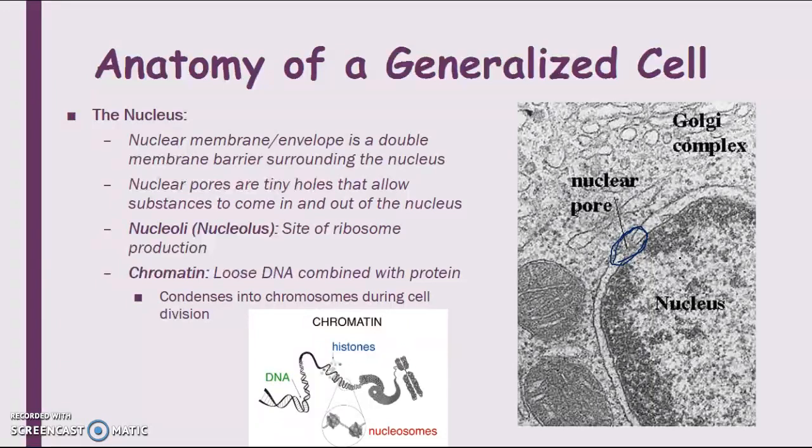The nucleolus is found within the nucleus, and it's a really dense region inside the nucleus, and that's where you actually make ribosomes. And when your DNA is relaxed and you're not making proteins, it's called chromatin. Once the cell wants to divide, it condenses into what we call chromosomes.